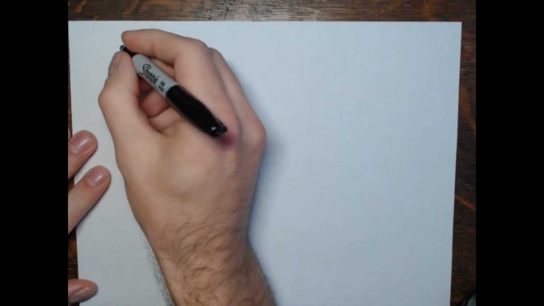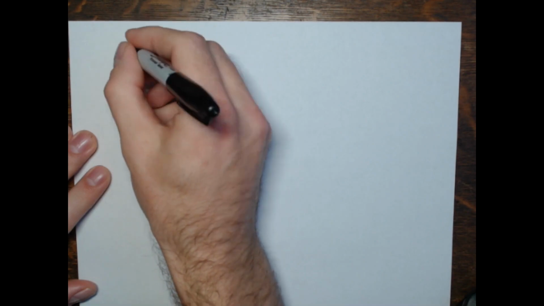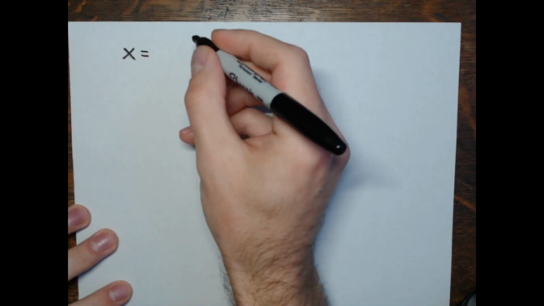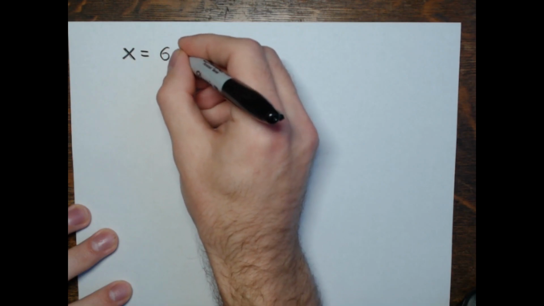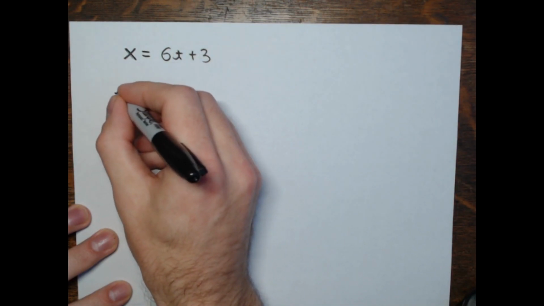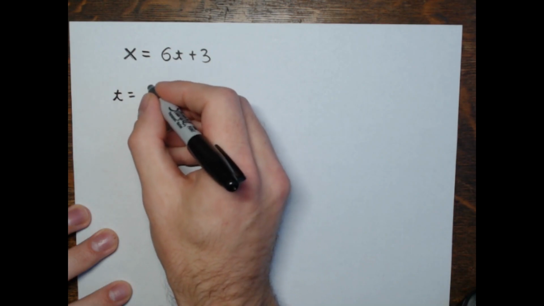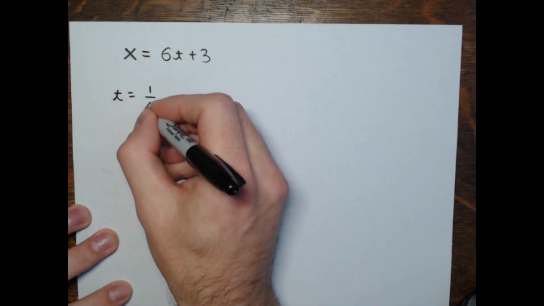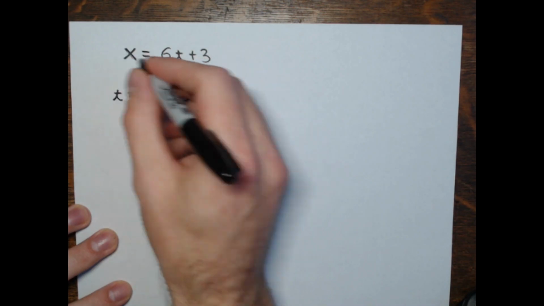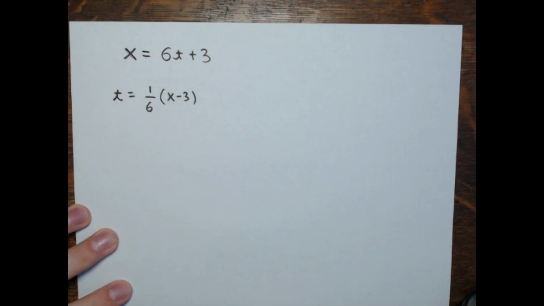All right, so here are the parametric equations. We have x. It's getting kind of faint, sorry. So we got x equals 6t plus 3. So that would mean that t is 1/6 of the quantity x minus 3, or x minus 3 all divided by 6, whatever.